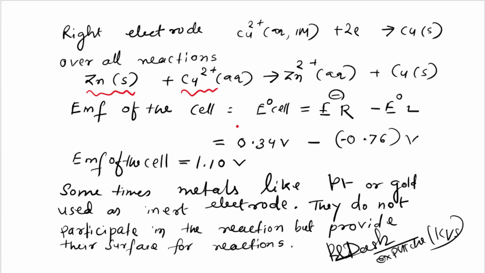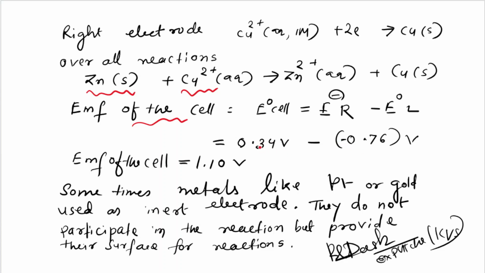So what is the EMF of this cell? The EMF of this cell, E0 cell, that is the standard EMF of the cell, is E right minus E left. E right means cathode, and left is anode.